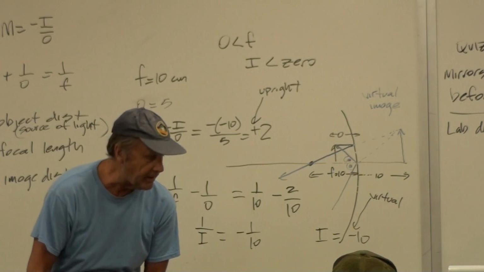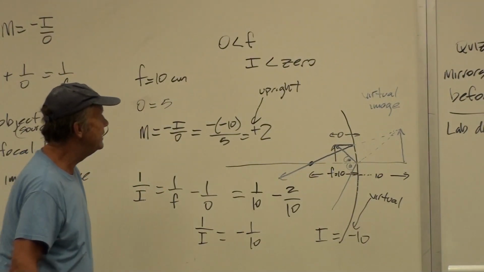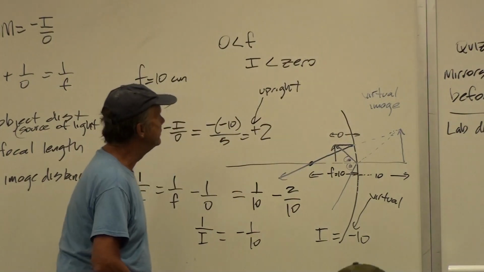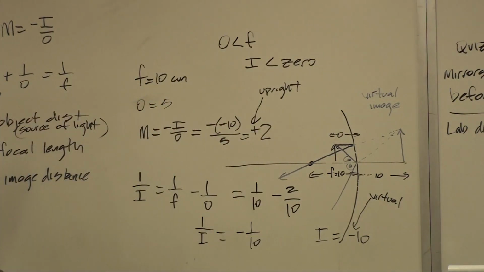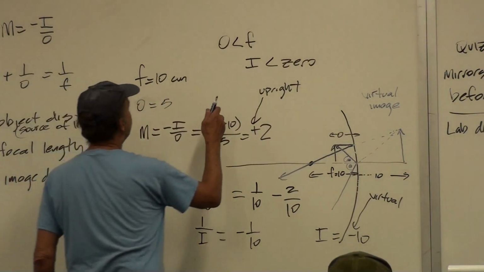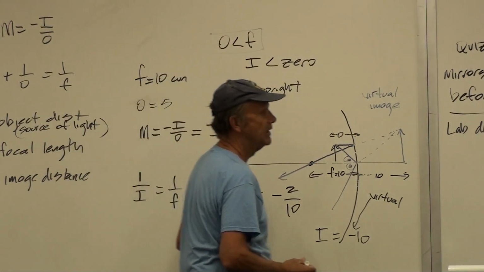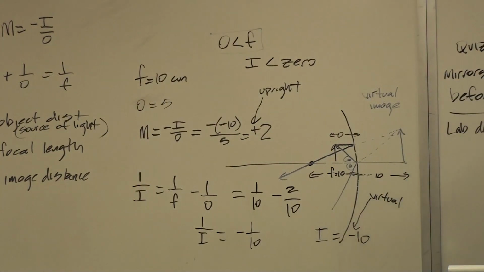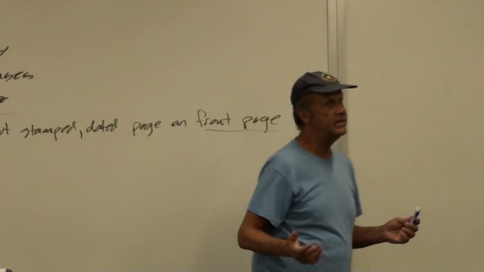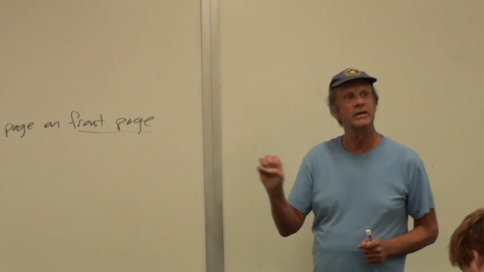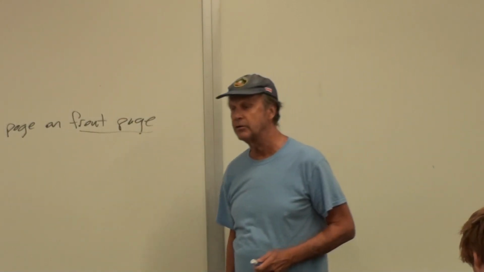And so we can look at other variations, but it's always going to be in a right side up or upright virtual image if the object distance is less than the focal length. So no matter how hard the mirror tries, it's doing the best it can, but it just doesn't have enough curvature to bring the light together to a real focus of light.